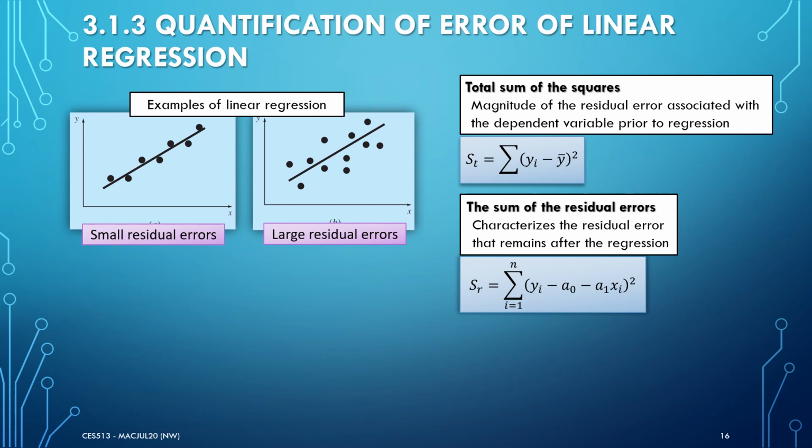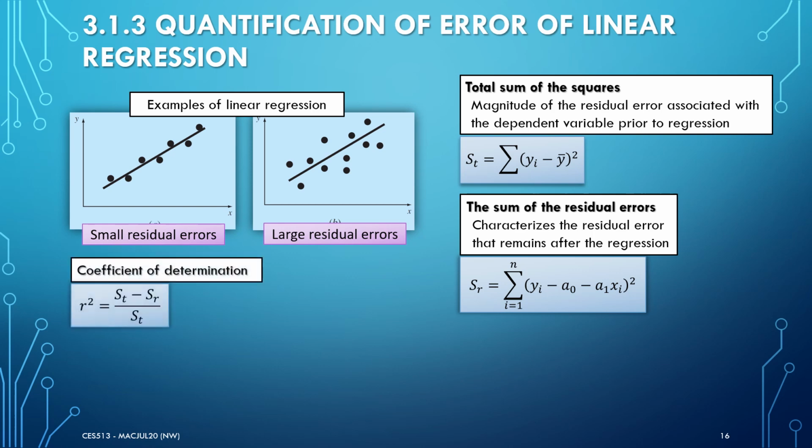It is therefore sometimes called the unexplained sum of the squares. The difference between the two quantities, ST and SR, quantifies the improvement or error reduction due to describing the data in terms of a straight line, rather than as an average value.